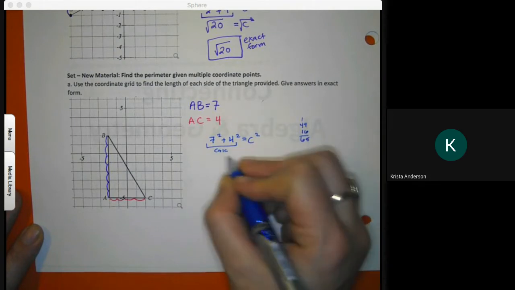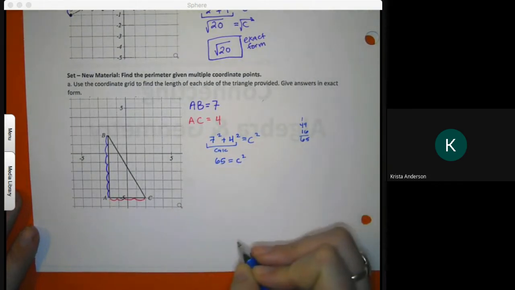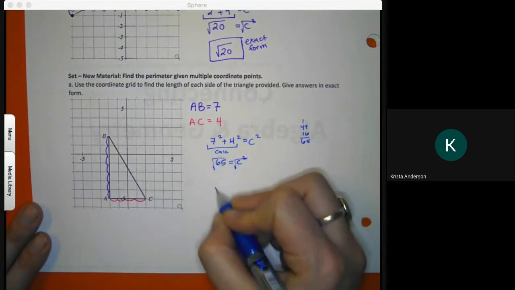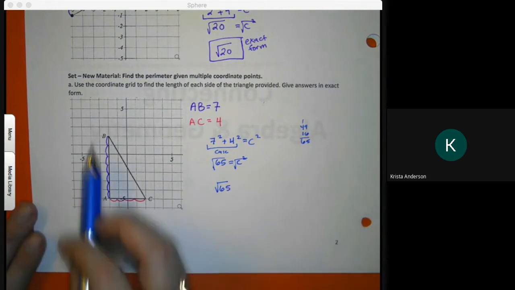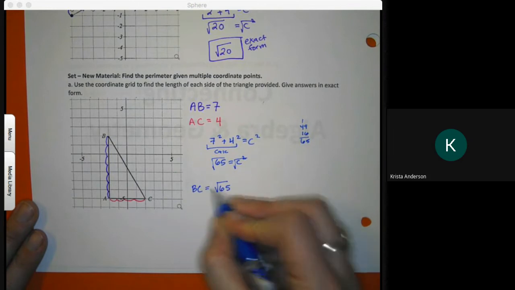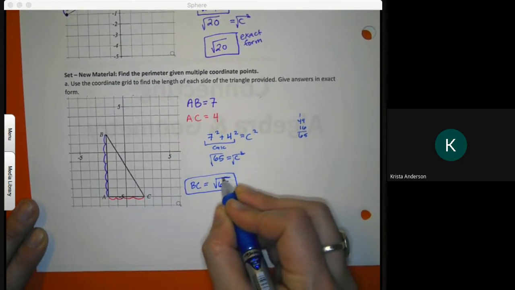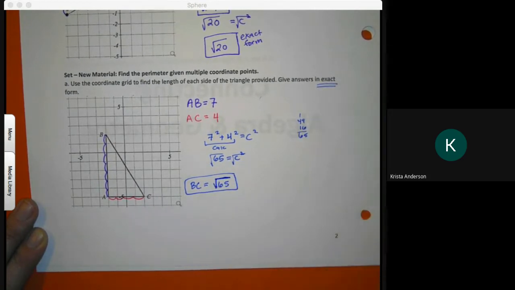Yep. And then I square root it. That is what the measurement of B to C is. My diagonal is the square root of 65 because it wants it in exact form.